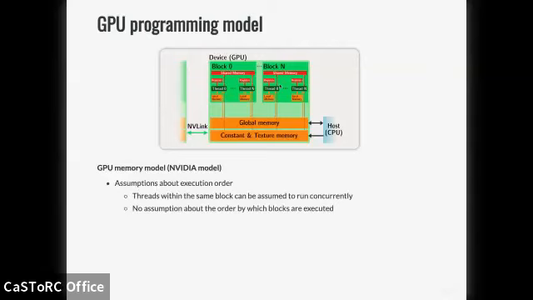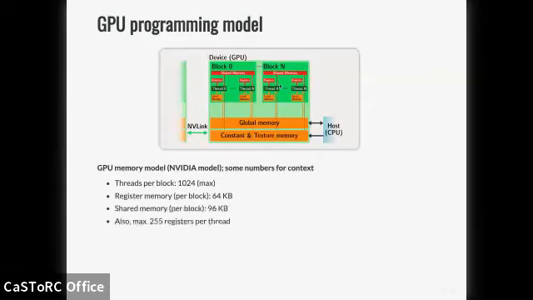Fernando asks: to what extent do the A100 GPUs improve? You are showing V100. Yes, so the question is, the newer version of GPUs are the A100, and I'm talking about the GPUs that we'll be using in this tutorial, which are V100, and Fernando asked, so what is it that improves? I think this number is the same, so you can still only have 1024 threads per block, but what increases is the amount of shared memory that you have.